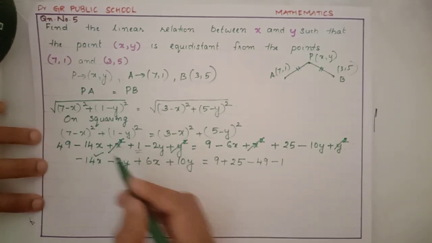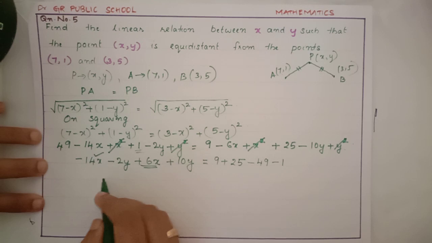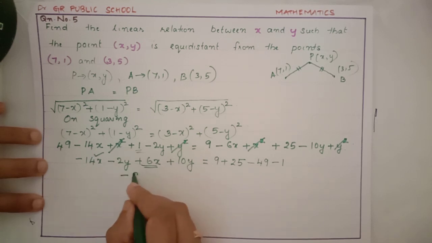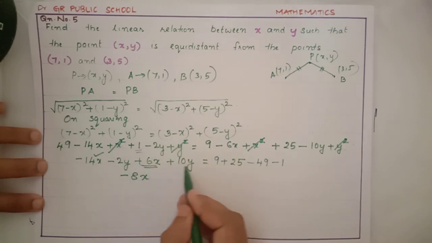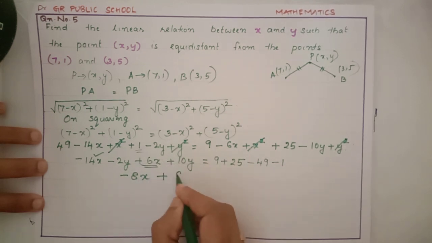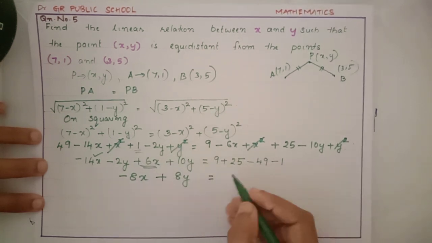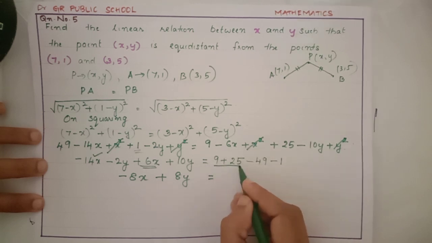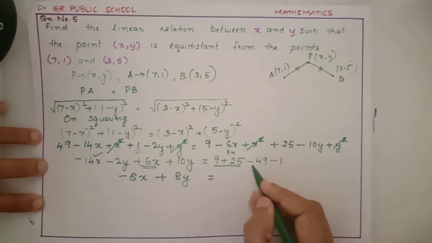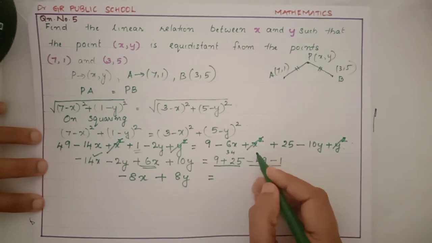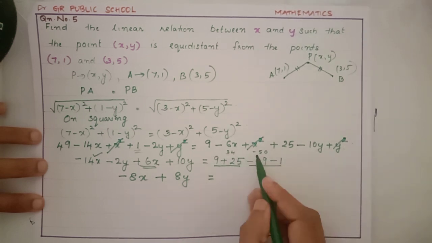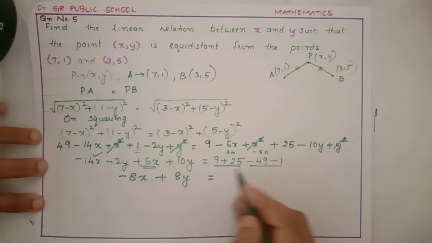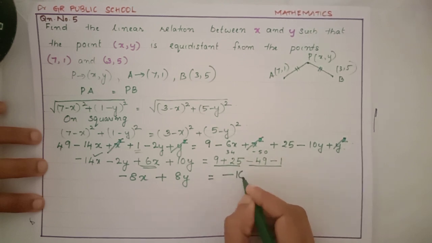Now minus 14x plus 6x is minus 8x. Then minus 2y plus 10y is plus 8y, equal to 9 plus 25, 34, minus 49 minus 1, minus 50. So 34 minus 50 is minus 16.